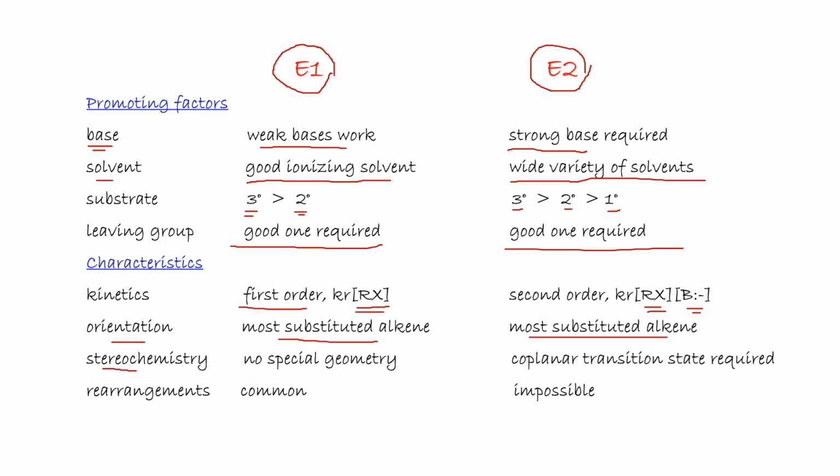In stereochemistry, there is no special geometry in the E1 mechanism, while a coplanar transition state is required in E2. Rearrangements are common in the E1 mechanism, but they are impossible in the E2 mechanism.